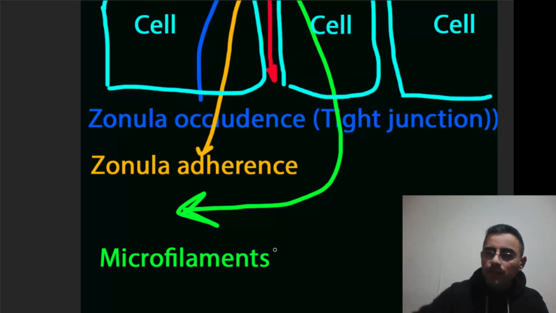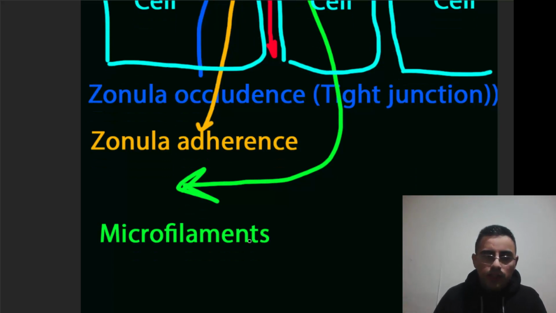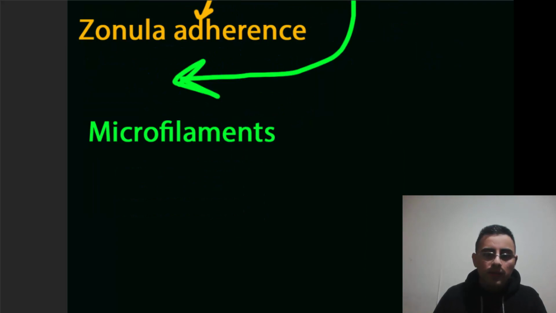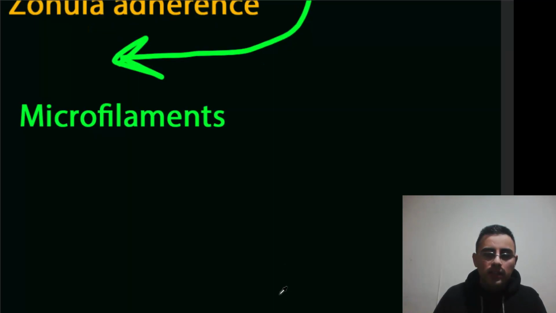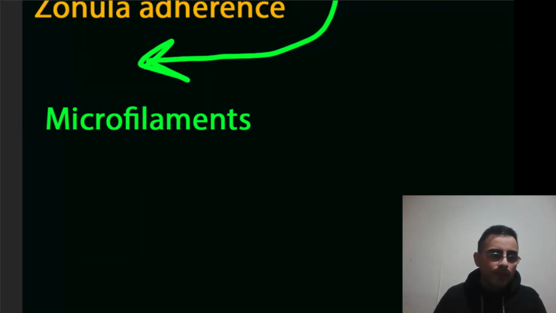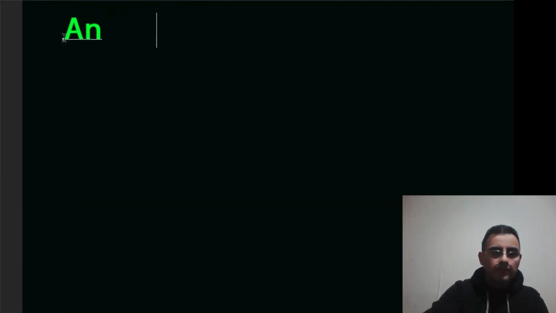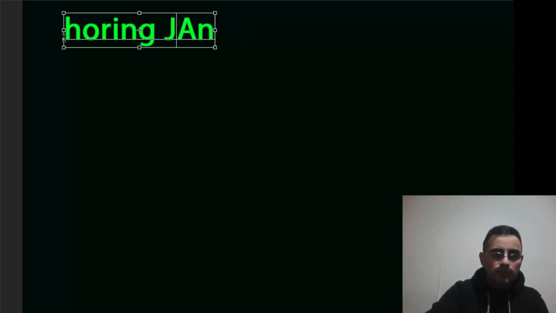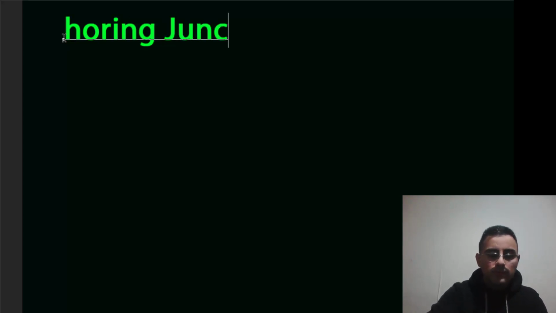Okay, let's discuss another type, the anchoring junction. If it's anchoring, it's a strong junction.